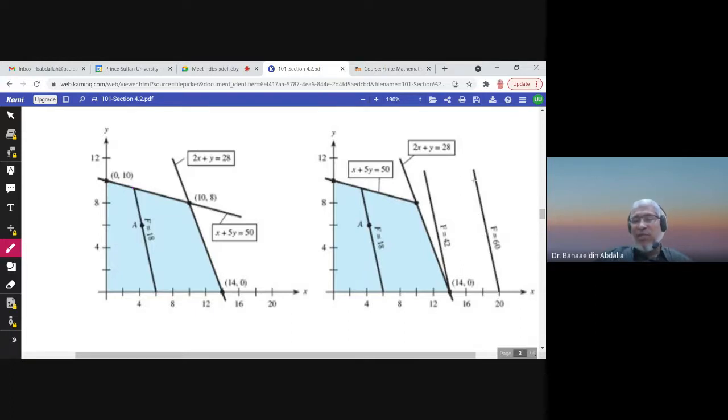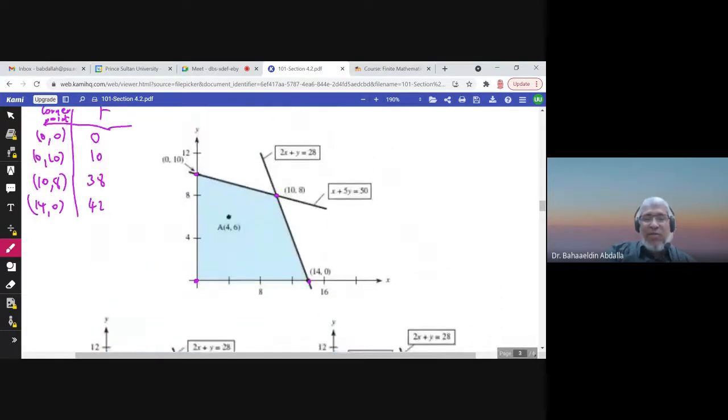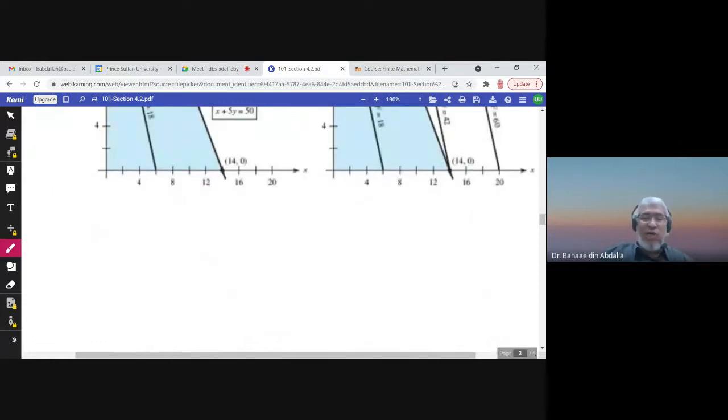Its y-intercept is 60, but this point (20, 0) is not a point in this region. So we are searching for the solution in this region, the feasible region. So the answer, the maximum is 42, and it happens when x is 14 and y is 0. So maximum f is 42 at x equals 14 and y equals 0.